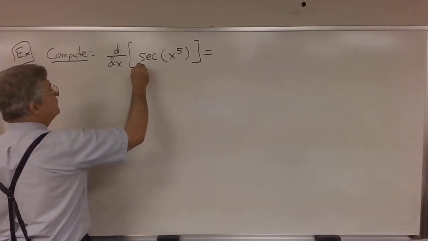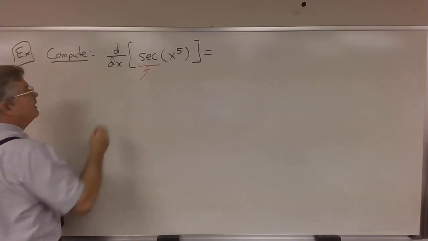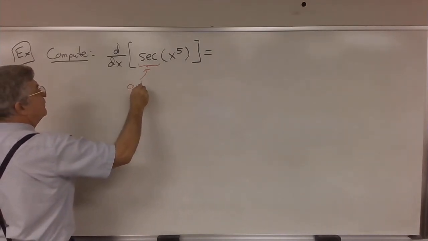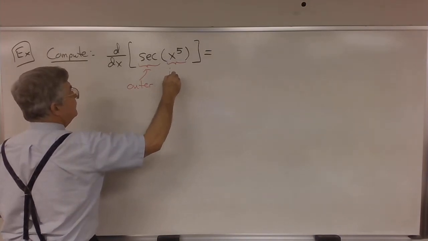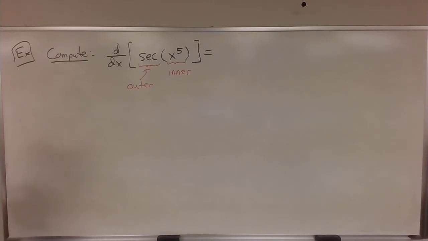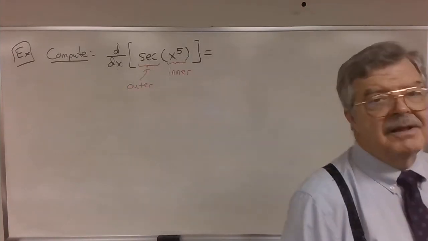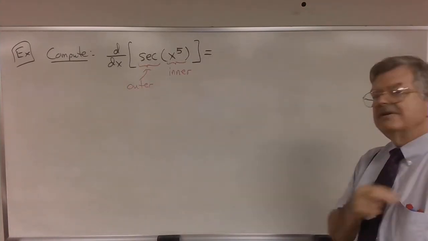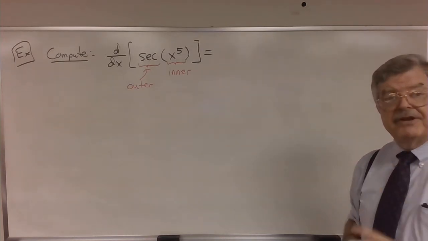The outer function here is secant of something. The inner function is x to the fifth. So this is a composite function. This definitely is a composite function, which means we use the chain rule.